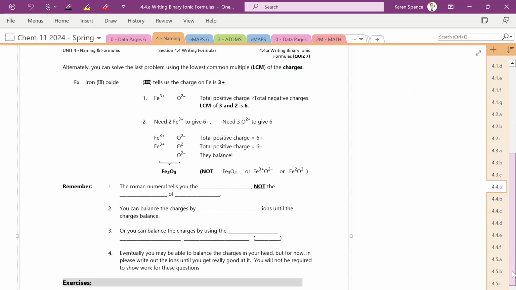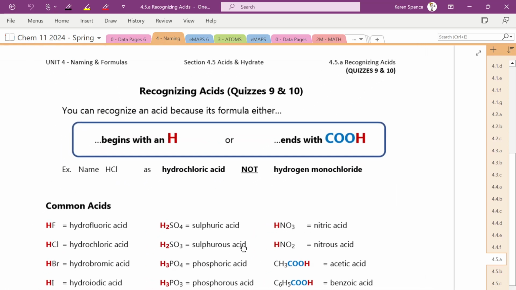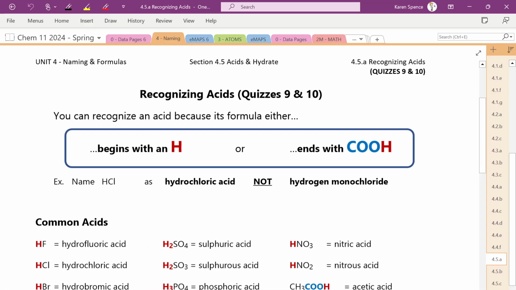Not 4.4. 4.5. Ah, yes. Okay. So recognizing acids. This is just sort of a preliminary thing. You need to be able to recognize that you have an acid. So it's either going to begin with an H or it needs to end in COOH.